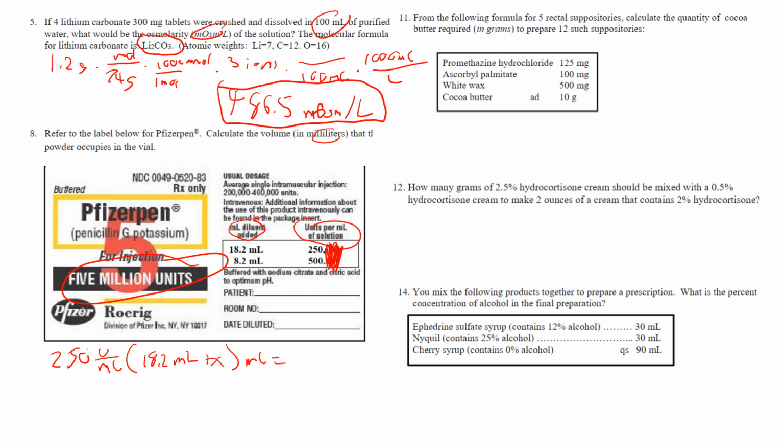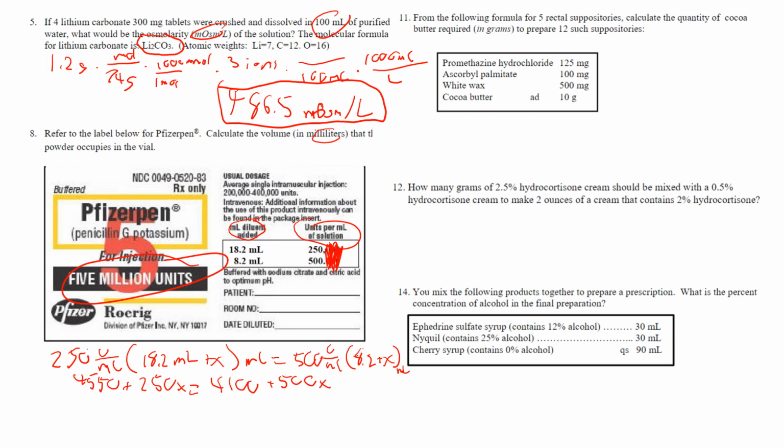For the other side, it's 500 units per milliliter times 8.2, and then plus x again, because that powder is still the same, and that's milliliters. Now if we solve these out on each side, if we distribute the 250 and the 500, we get 250 times 18.2, which is 4550, plus 250x, equal to 500 times 8.2, which is 4100, plus 500x.